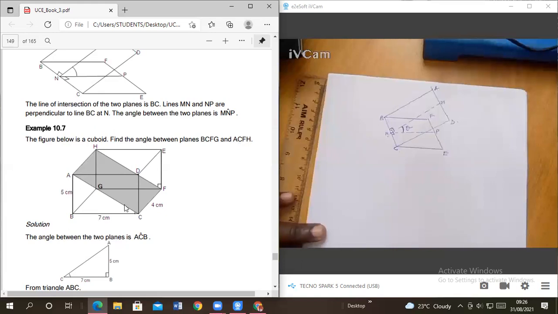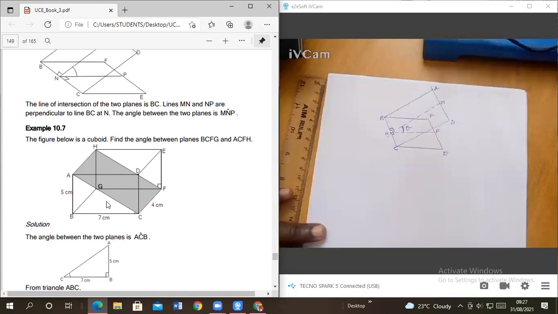They have tried to shade that plane that they are talking about, ACFH. So it is that plane that is inside that cuboid. So they're asking what is the angle between the lower plane and that shaded plane there.